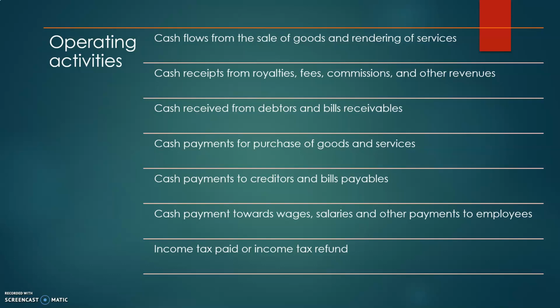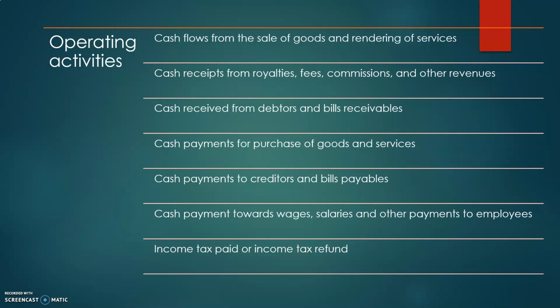And that is a cash inflow also. So cash flows can be of two types: cash flows can come in or cash flows can go out. Technically, they are known as cash inflow and cash outflow. So, operating activities: cash flows from the sale of goods and rendering of services. And again, it's a cash inflow because funds are coming in.